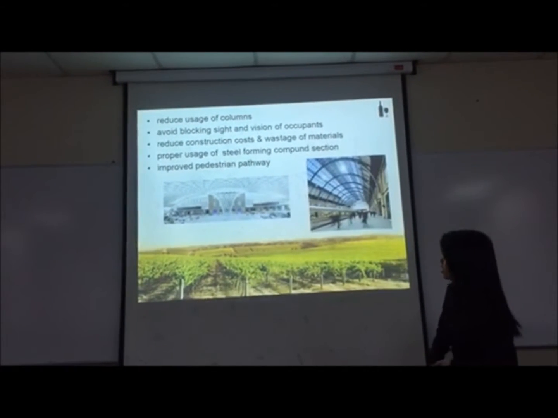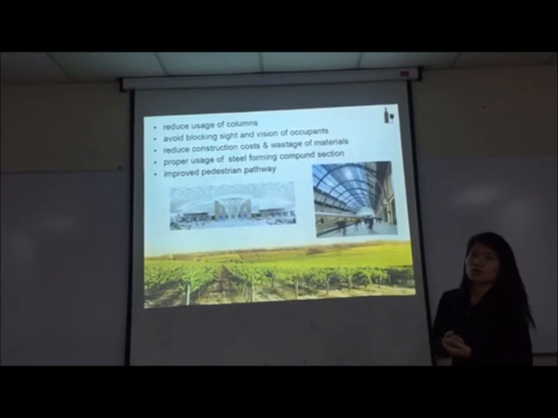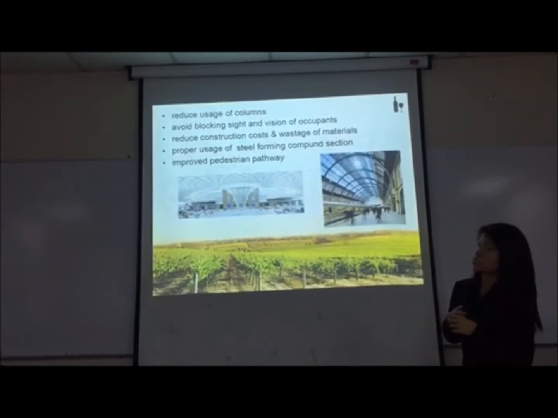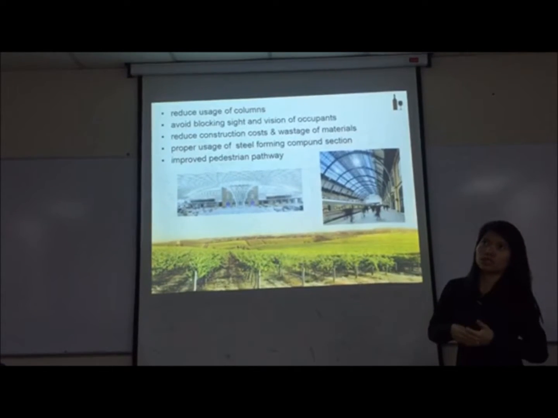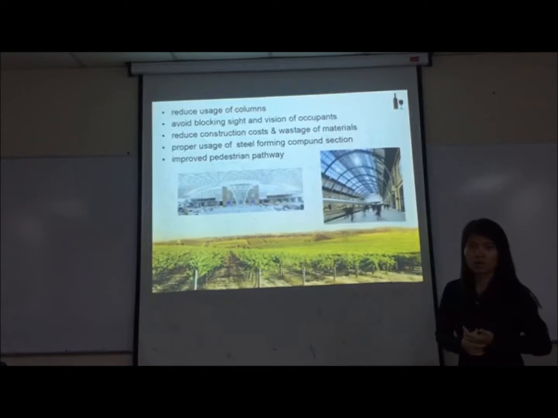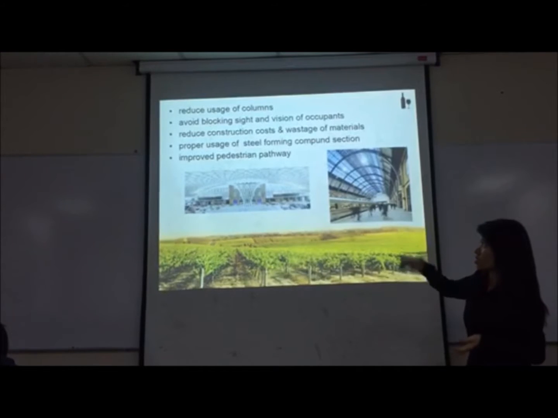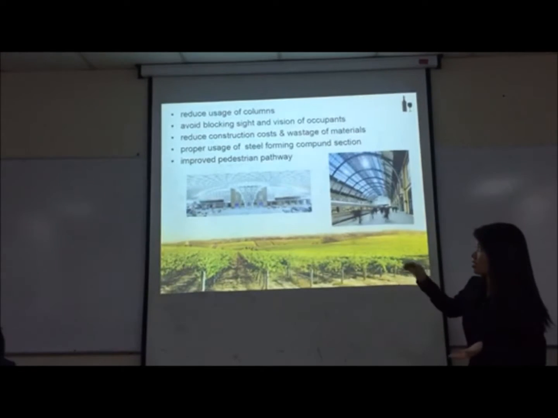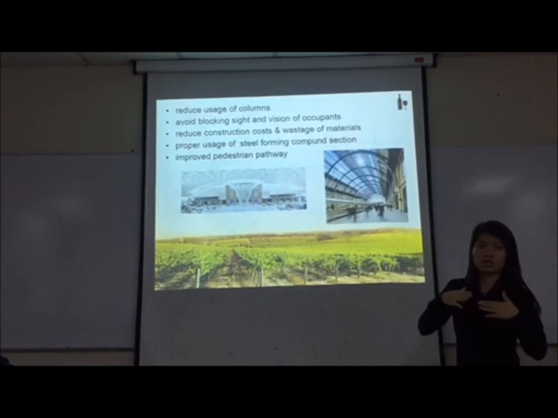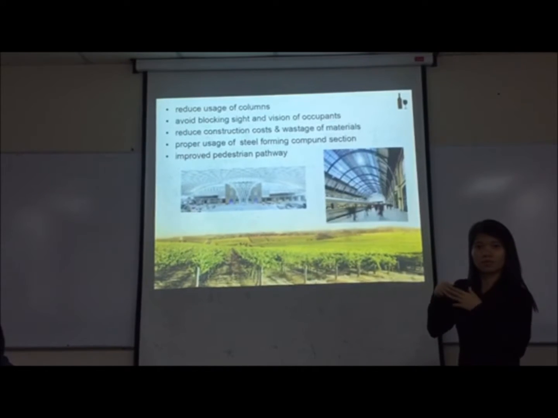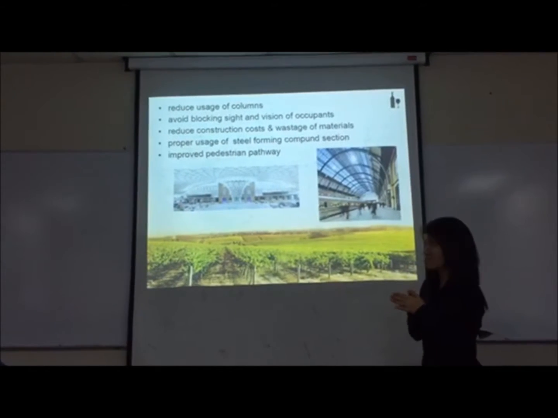And it also reduces the construction cost and the wastage of material due to less usage of columns or any other steel structure needed, because the structure can use beams, and a beam can connect with another beam by molding and welding.